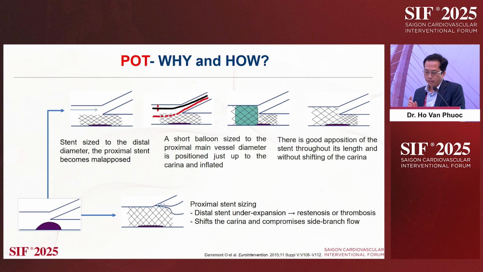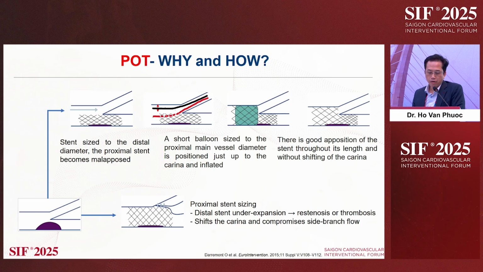If we size the stent perfectly to the proximal diameter, it means that the distal stent is under-expanded, and it can lead to restenosis and or thrombosis, and it can shift the carina and compromise the side branch flow. And if the stent is sized to the distal, it means that the proximal stent becomes malapposed.